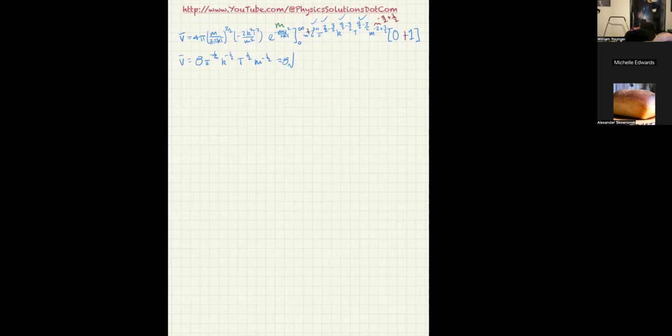Pi is in the bottom. Oh, that's what it is. It's 8 over pi is what it turns out to be. I dropped something somewhere, but the result is 8 over pi kt over m, which your book has given you as the average velocity.